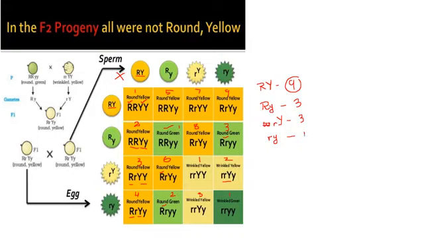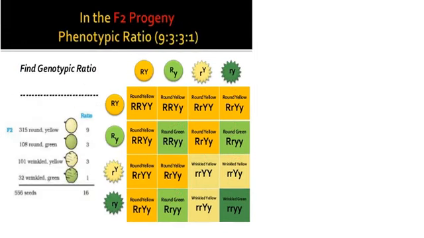So the phenotype ratio is 9 is to 3 is to 3 is to 1, which is very important from the point of view of exams. Here you can see the ratio 9:3:3:1, and he took so many seeds.